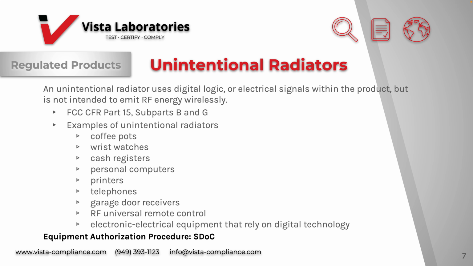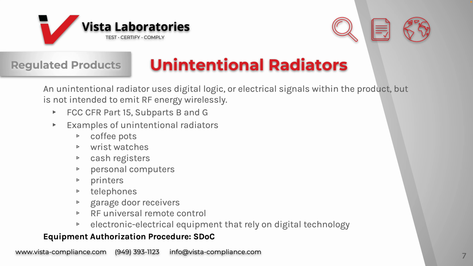Today, the majority of electrical products use digital logic operating between 9 kHz and 3000 kHz and are regulated under 47 CFR Part 15 Subparts B and G. These rules contain the requirements such as the test levels or limits for the results of the measurements.